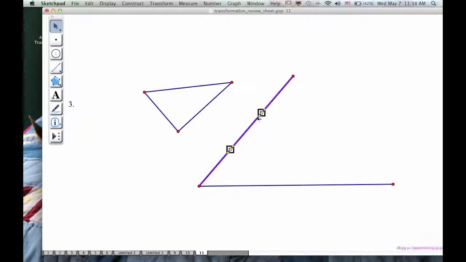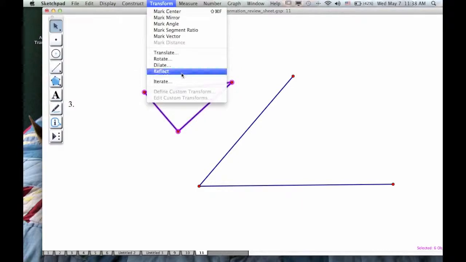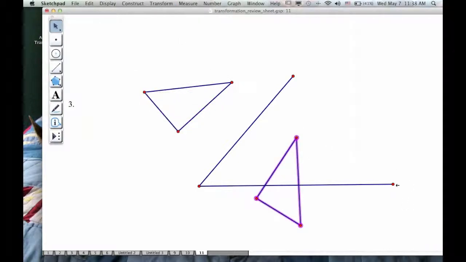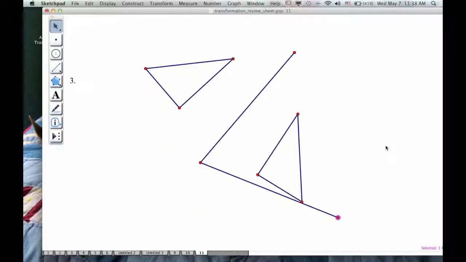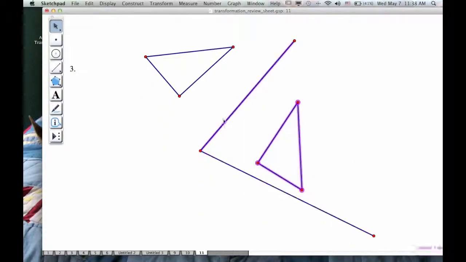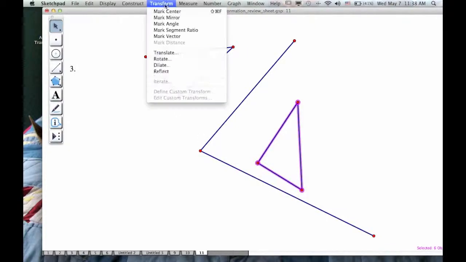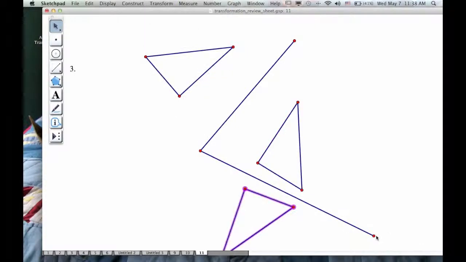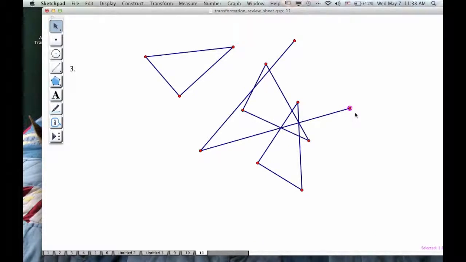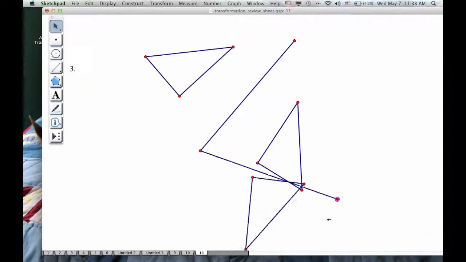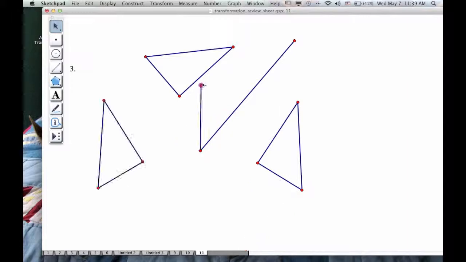If this is the angle, then I would reflect it over the first line. But you wouldn't just stop there. You would have to reflect it one more time over the second line of the angle, and if I move the angle, the triangle moves along with it. That's how you get a rotation.